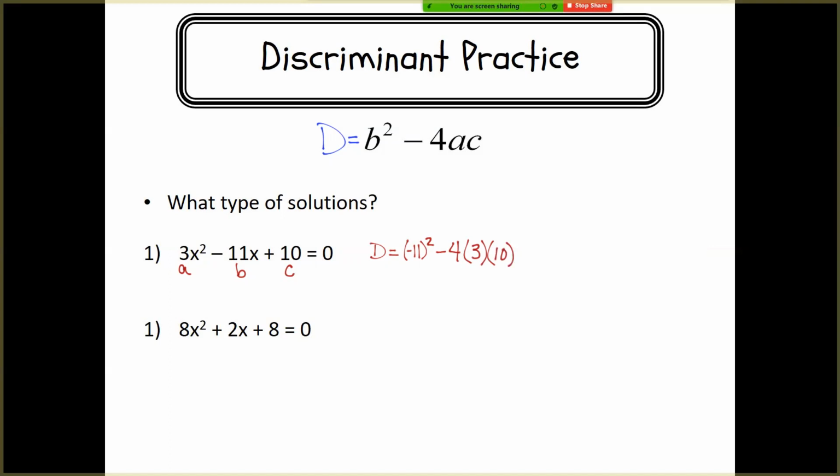I want you to type that in your calculator exactly as it's written. Make sure you include those parentheses. What do you get when you type that in your calculator? 1. So the value of the discriminant is 1. Then you have to decide, is 1 0, positive, or negative?